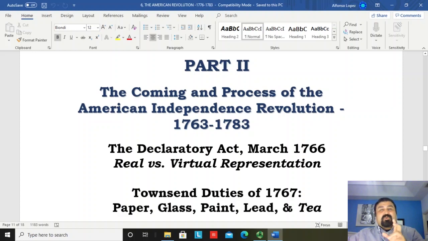What the Declaratory Act said is that we're not going to grant you representation. We're not going to welcome delegates coming from the colonies, because the British Parliament is simply going to oversee your interests from afar.